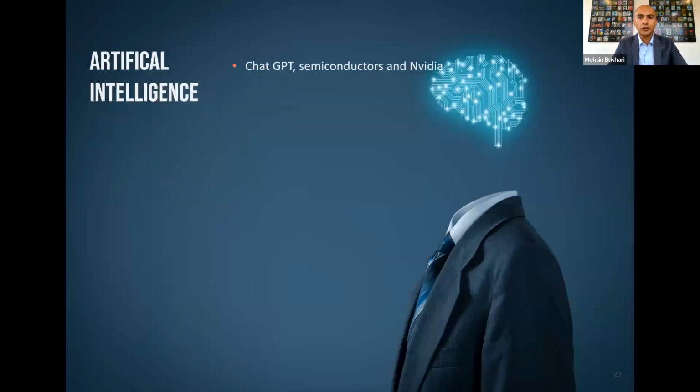If we come on to artificial intelligence, clearly there's a lot of talk around this sort of hype. I've mentioned three things here: ChatGPT, semiconductors, and NVIDIA. Let's quickly start with ChatGPT. Essentially it's a tool that was developed at the end of last year that uses artificial intelligence to formulate responses to questions.